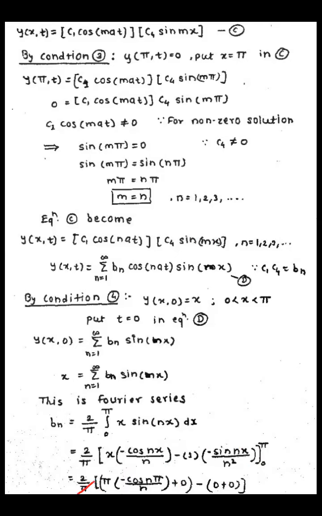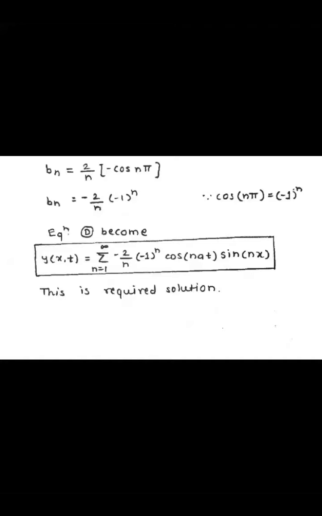Now this π and this π get cancelled, and we obtain bn equal to 2 upon n into the bracket minus cos(nπ). Students, always remember cos(nπ) is (-1) raised to n. So put the value here, and the negative sign is taken outside, so it is minus 2 upon n, times (-1)^n. This is the value of bn.